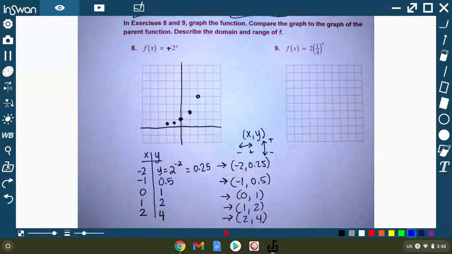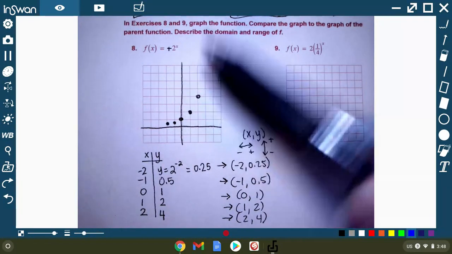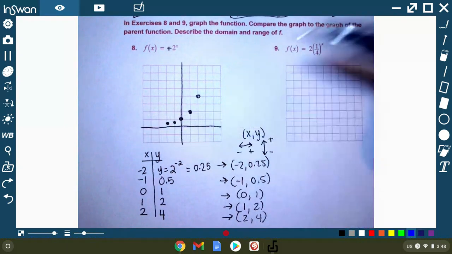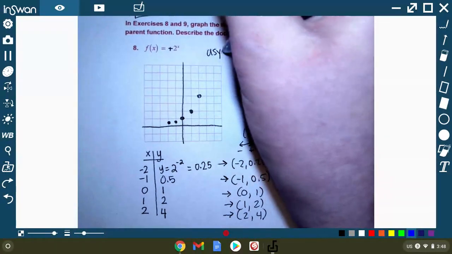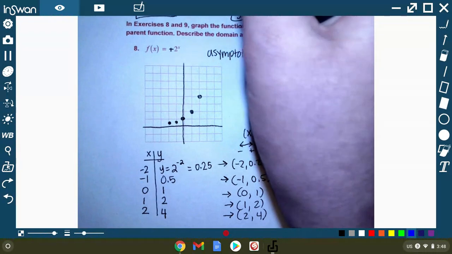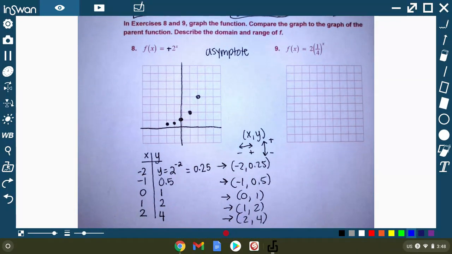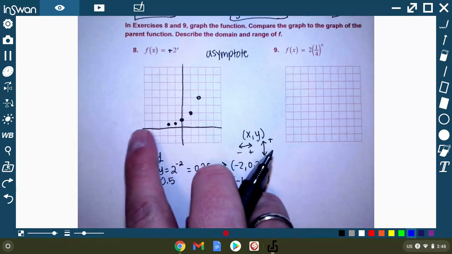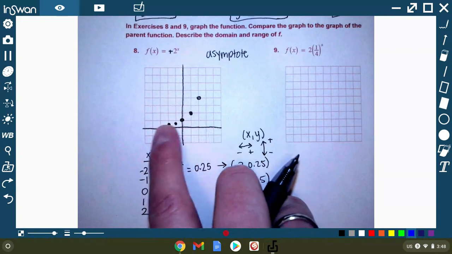Then we're going to connect our line, but there's one thing we have to be careful of. With exponentials, there's always going to be something called an asymptote. It sounds kind of funny, but it's the line that the graph gets really, really close to, but doesn't cross. In this case, it's the x-axis. There's basically a little line here that it doesn't let it go over.